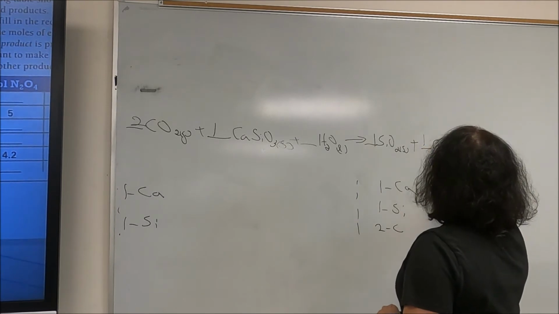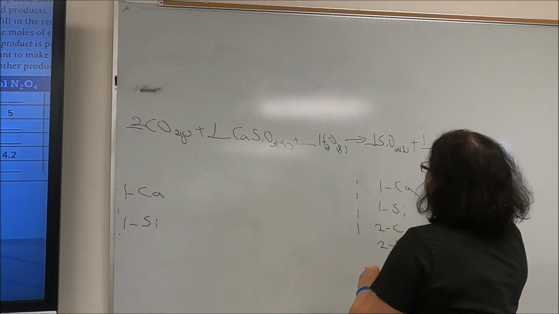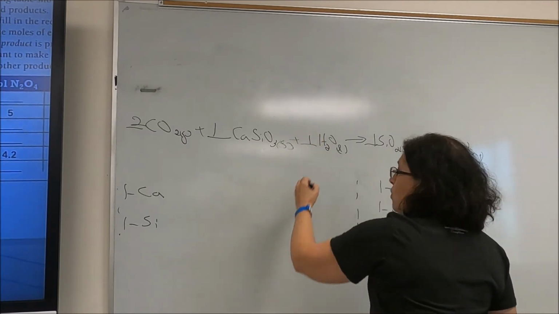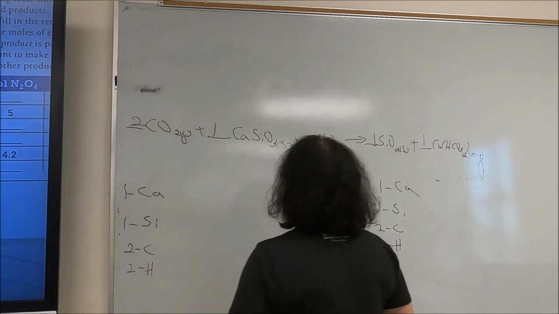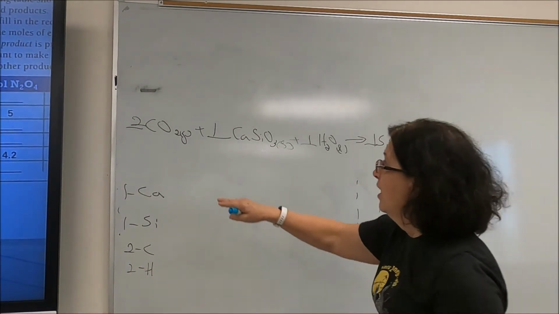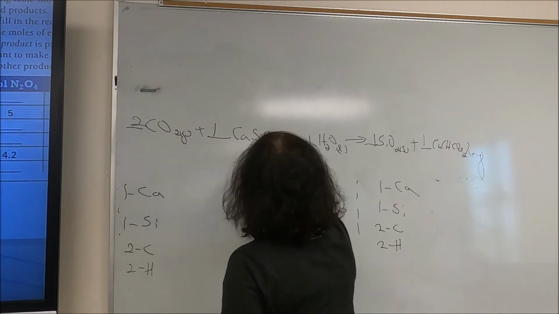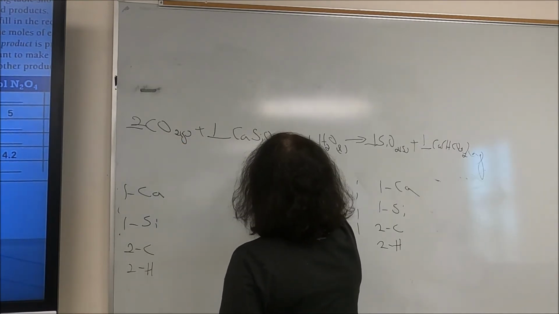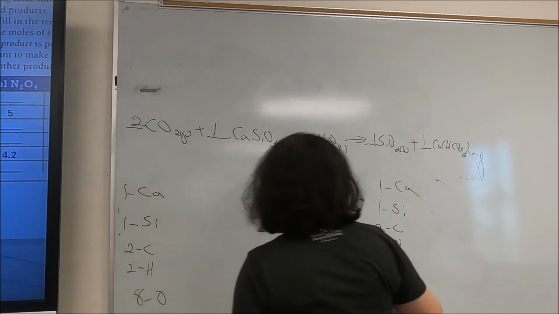Now, putting a 1 here, that locks me into 2 hydrogens. So I need to put a 1 there to give me 2 hydrogens. Now let's check our oxygen. I've got 4 here, 2 times 2, plus another 3, 4 and 3, that's 7, plus 1 more, I've got 8 oxygens.